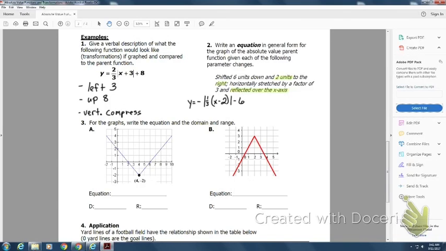Okay. Let's come down here to A and B, so writing the equation and doing the domain and range. Manny, what is going to be inside the absolute value bar there? And all we're doing, we're just putting the vertex into the equation. Kind of think of it that way.